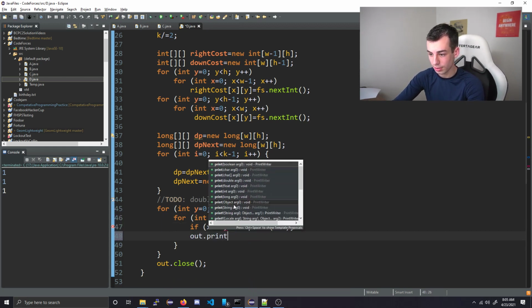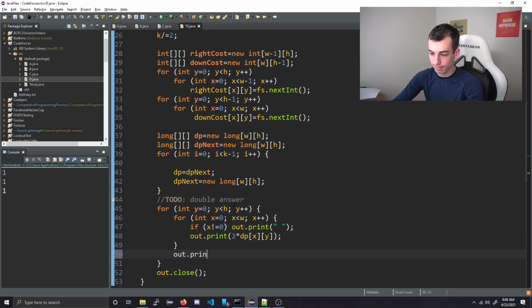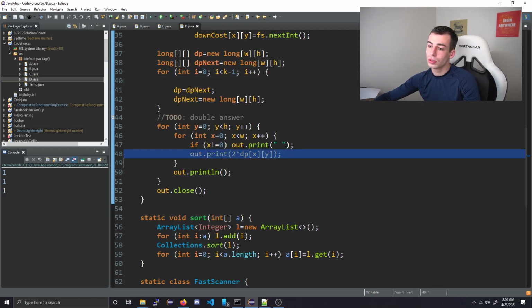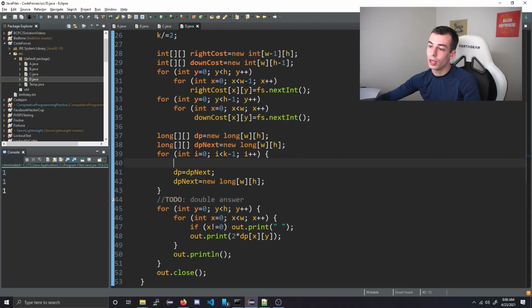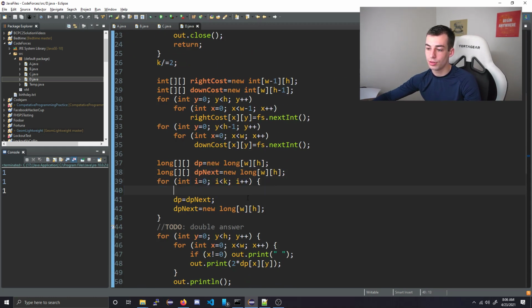Dot print 2 times dp x y then print line. Yeah, because we go forward and go backward. Right. So if you take 0 steps, you do that. If you take 1 step, is this, yeah, so we do this, yeah, okay.